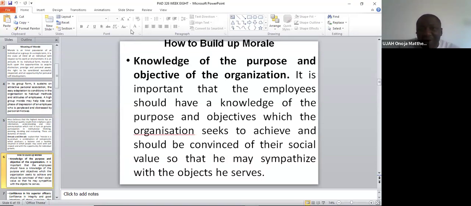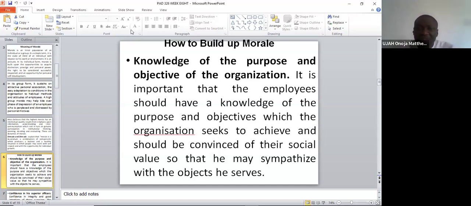And here we say that knowledge of the purpose and objective of the organization is a way to stimulate improved morale within the organization. It is important that the employees should have a knowledge of the purpose and objectives which the organization seeks to achieve and should be convinced of their social value so that they may sympathize with the objectives of the organization.